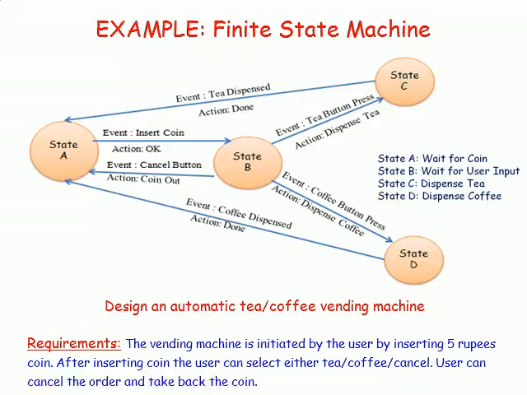Once tea or coffee vending is over, the respective states transition back to the wait for coin state, that is state A. This is how the finite state model works with the design of an automatic tea or coffee vending machine by considering 4 states.